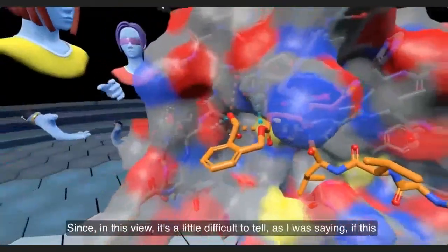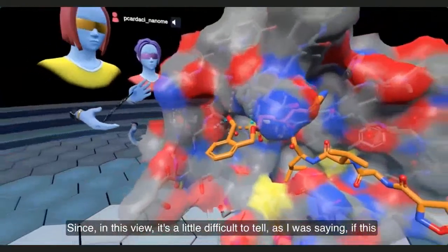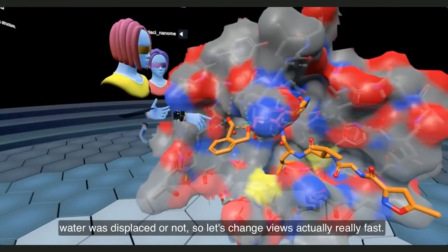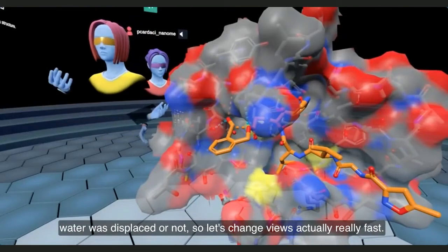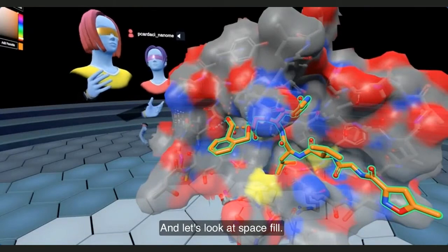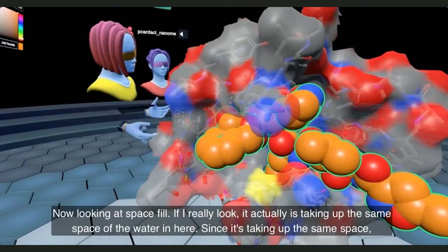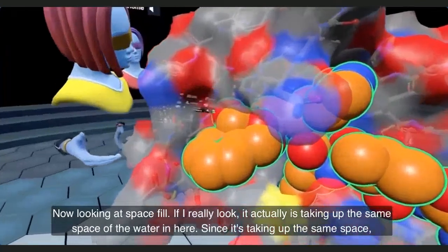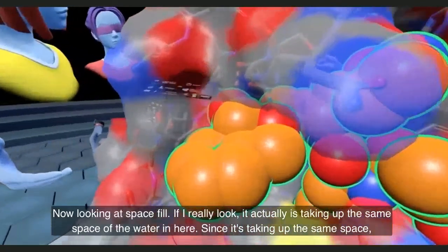In this view, it's a little difficult to tell if this water was displaced or not. So let's change views really fast, and let's look at space fill. Now looking at space fill, if I really look, this new hydroxyl group is taking up the same space as the water in here.